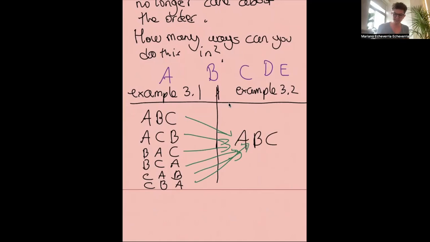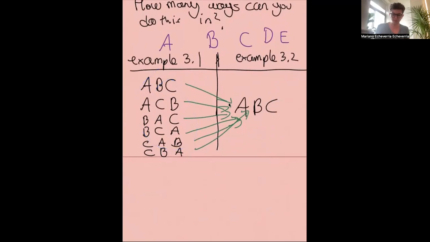So what I'm trying to say is that in this example, for each of these 3 books, they were 6 times more before. Why is it only 6 times? Because you had 3 letters or 3 books, right? And how can you rearrange them among themselves? How can you rearrange 3 books? It is 3 times 2 times 1, right?